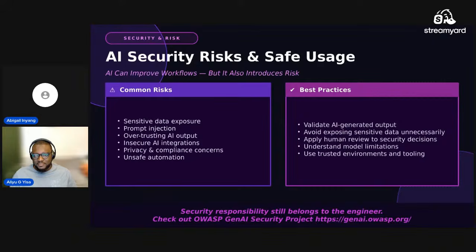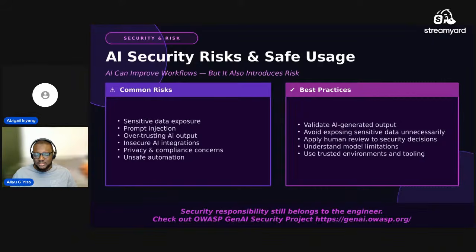Usually they have different terms and conditions regarding what they do with the data, depending on if it's a personal account or a corporate enterprise account. So we need to make sure we're validating the outputs as generated by the AI. We need human supervision.